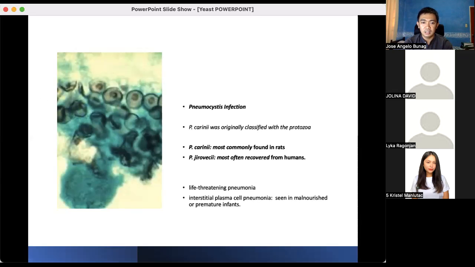But here, yung kulay green na ito, this is the Pneumocystis jirovecii with your Gomori methenamine silver stain. So as you could see, the black staining cysts, these are the punch out ping pong ball appearance that is very specific for your Pneumocystis jirovecii.